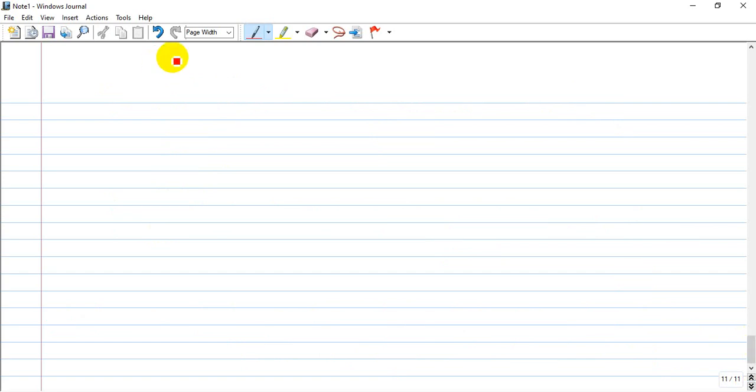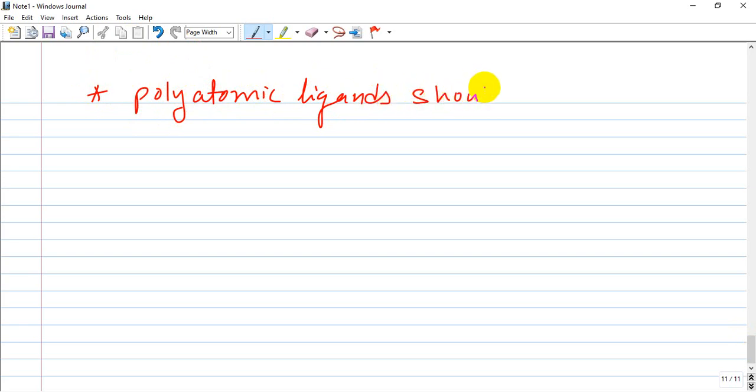Now the next point, polyatomic ligands should be written in parentheses.